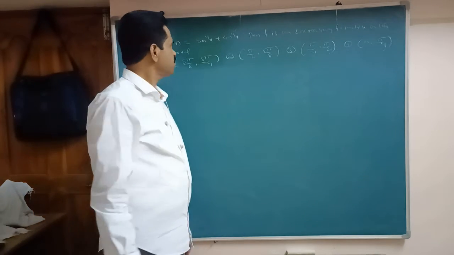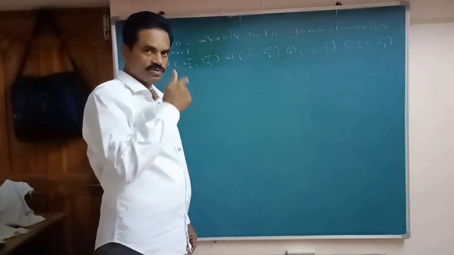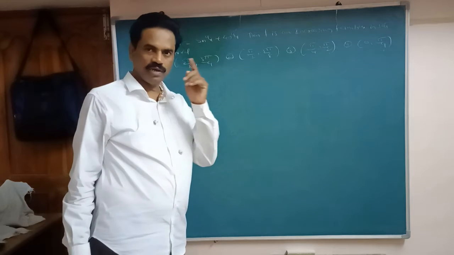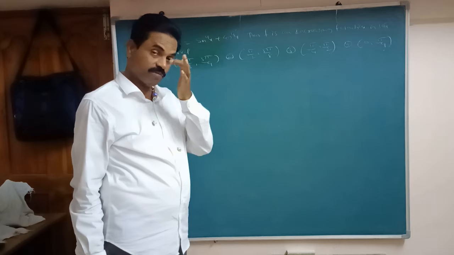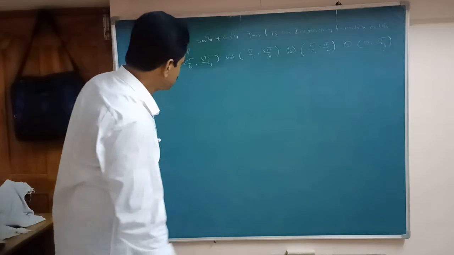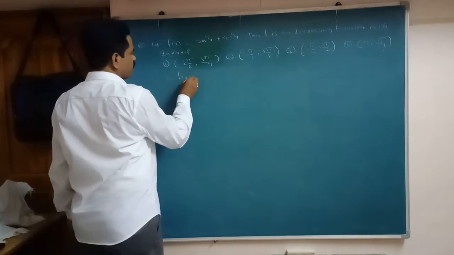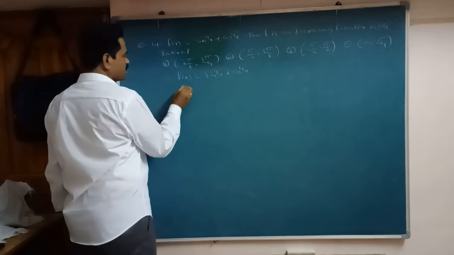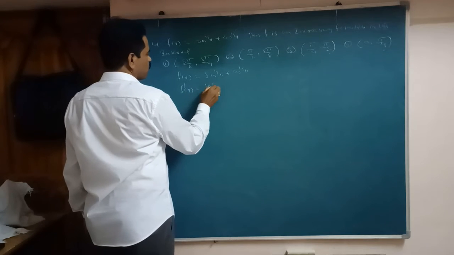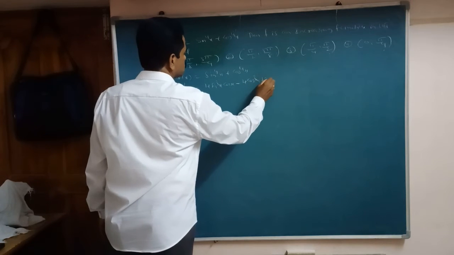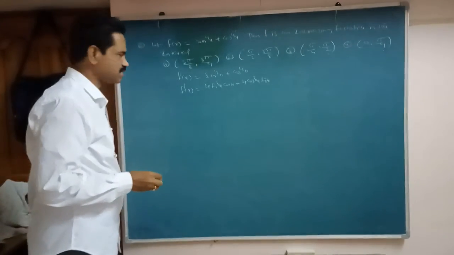We know that sin is positive upward and negative downward: 0 to pi positive, first and second quadrant positive, third and fourth quadrant negative. f dash is 4 sin cube x into cos x minus 4 cos cube x into sin x, because the derivative of cos is minus sin x.